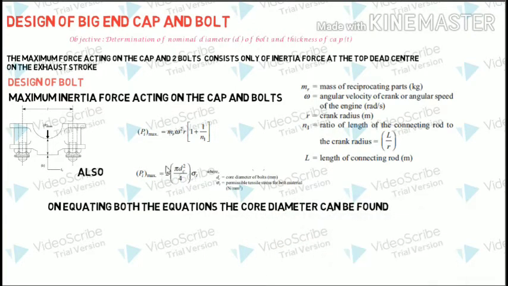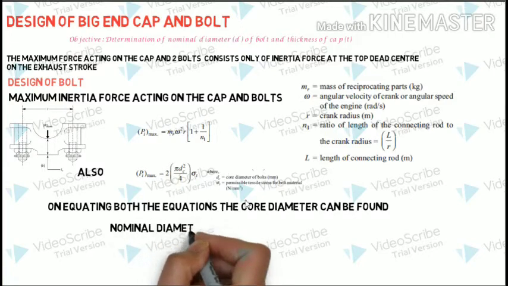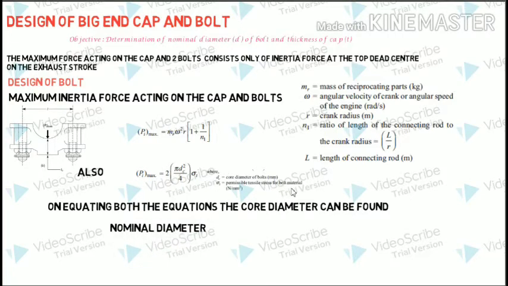The 2 is coming because there are two bolts withstanding this, and sigma t is the permissible tensile stress of the bolt material, which is a material property. On equating these two equations for P_I max, we can get the core diameter, which is dc.